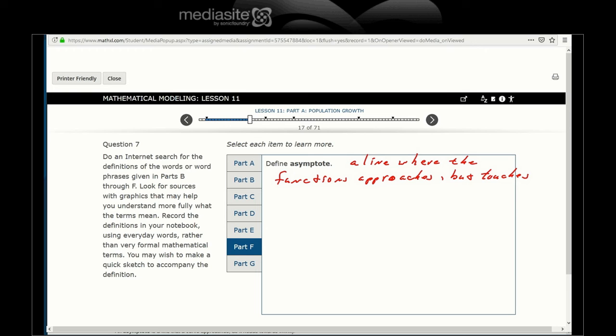Okay. And on the logistic curve that I drew a little bit ago, there is a line, basically the limit.